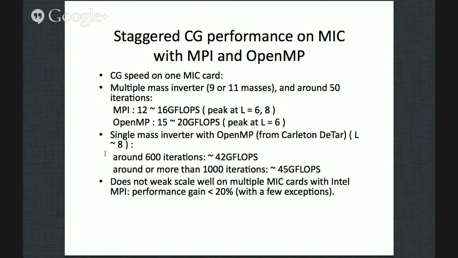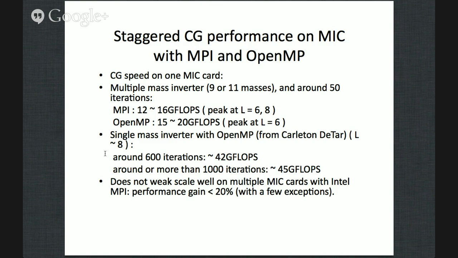And then we got some stripped down code from Professor Datar, and he tested the single mass inverter with OpenMP on 60 cores, and he used a lattice size of L around 8. He also used more iterations, like 600 or 1,000, and he observed a speed of up to 45 gigaflops.